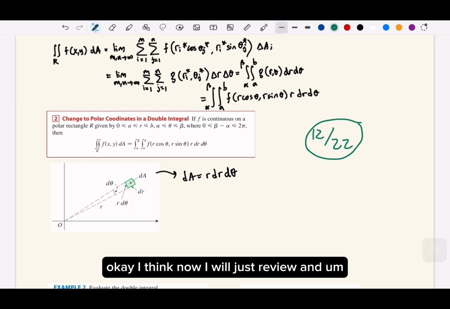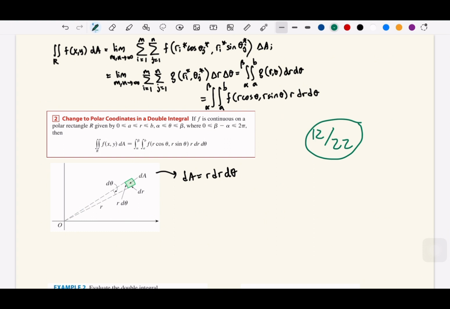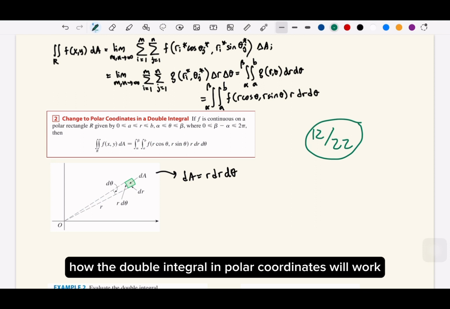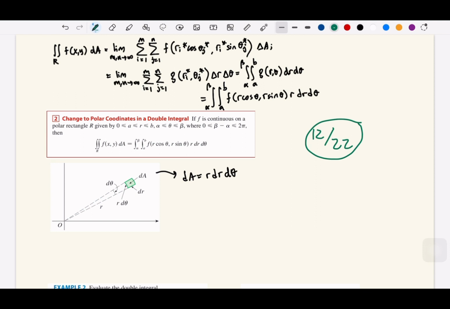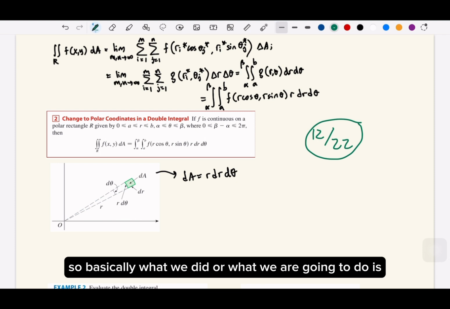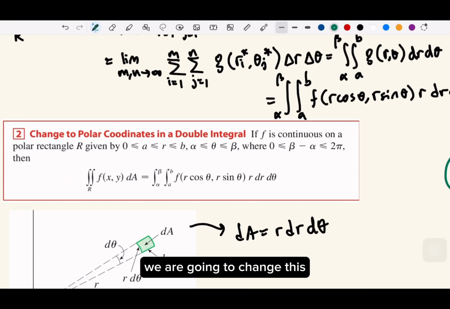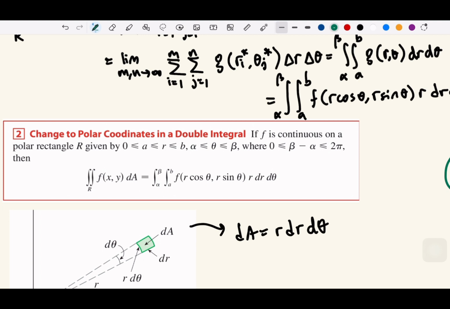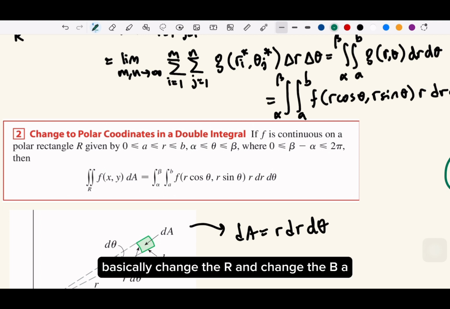Okay, I think now I will just review and maybe practice how the double integral in polar coordinates will work. Basically what we are going to do is change the r, and change the dA.